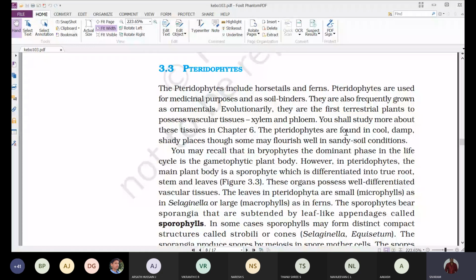That means they protect the soil from soil erosion. As already I told you, they are also frequently grown as ornamentals, for show purpose, in the houses. Such plants which are grown for show purpose in the house, such plants we call ornamentals.